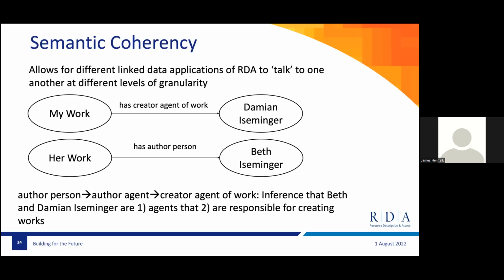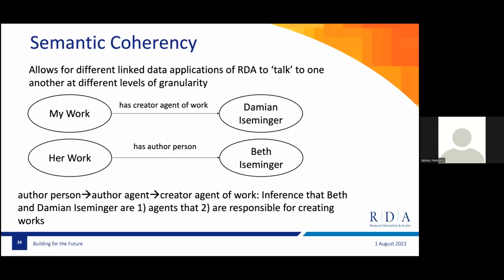Now, notice that what we cannot say is that both Damian Iseminger and Beth Iseminger are persons. The best that we can do is say that they are agents, because one is using a coarser element, creator agent of work, and one is using a more specific element. And also, we can't say that Damian Iseminger is necessarily an author.